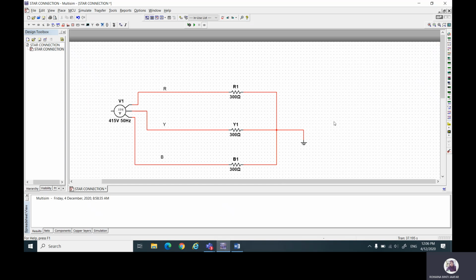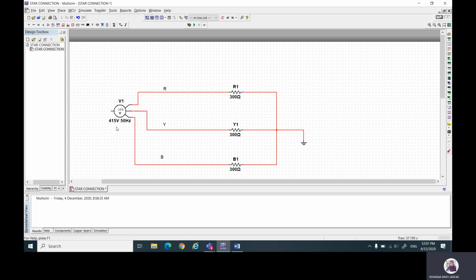So this is your star connection, where your generator is connected to your load. Red phase to load R1, yellow phase to load Y1, and blue phase to load B1. Set each to 300 ohm.